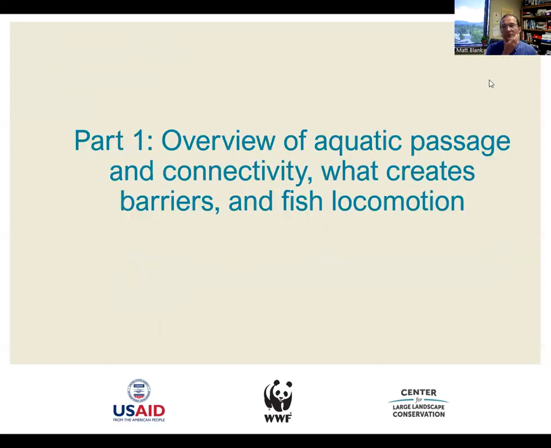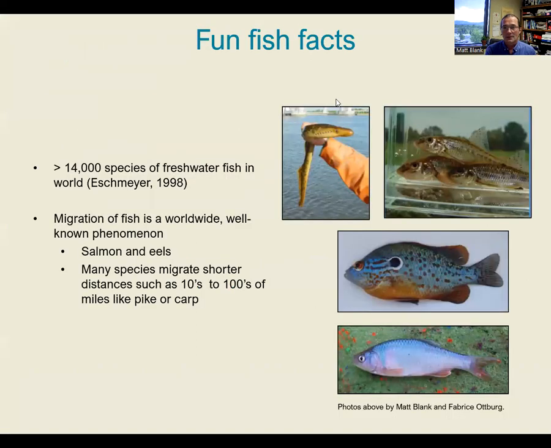So part 1, overview of aquatic passage and connectivity, basically what creates barriers. Some background, some fun fish facts, I like to call it. There are over 14,000 freshwater fish species across the world, and new ones are being discovered fairly often. Fish migration is a worldwide, well-known phenomenon.